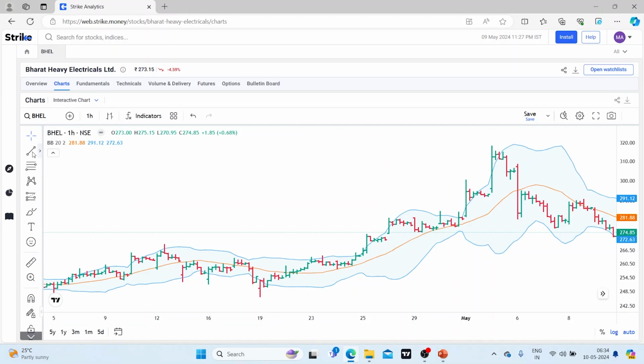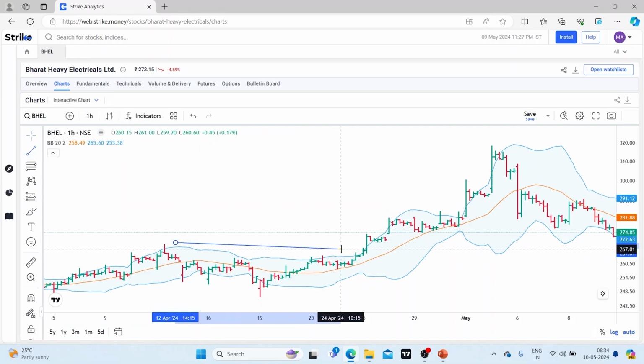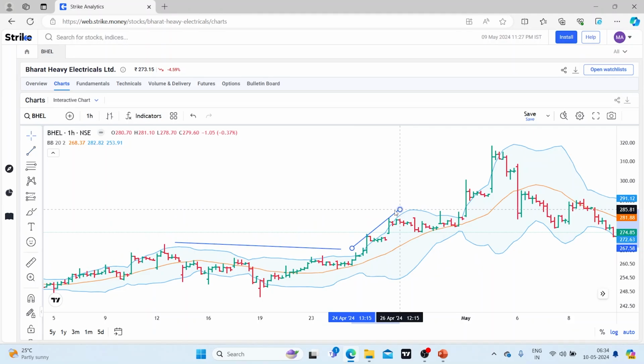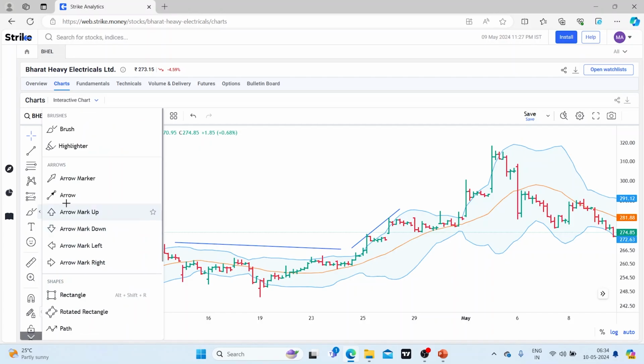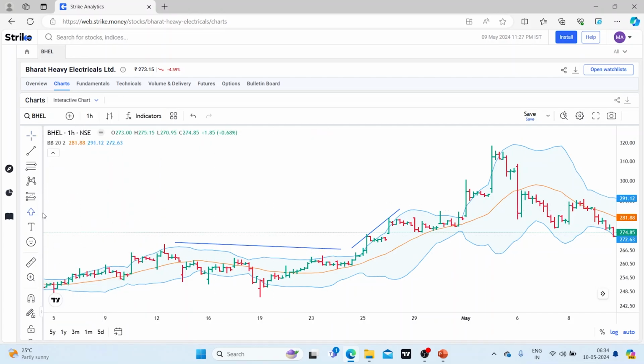You could see there is a period of consolidation from here to here, and the price is just moving within that range because the bands are contracting. And when the bands start expanding, the price started moving higher. So we want to enter right at this place where the bands are about to explode.